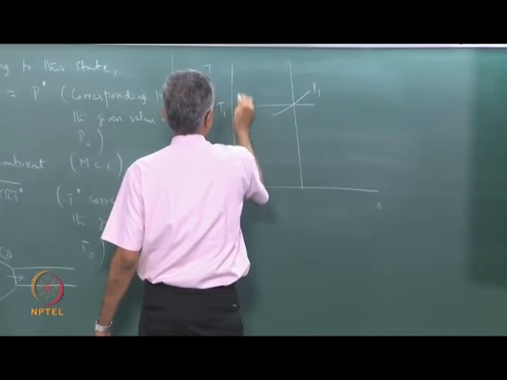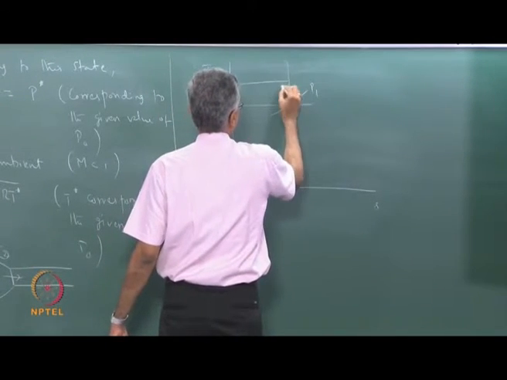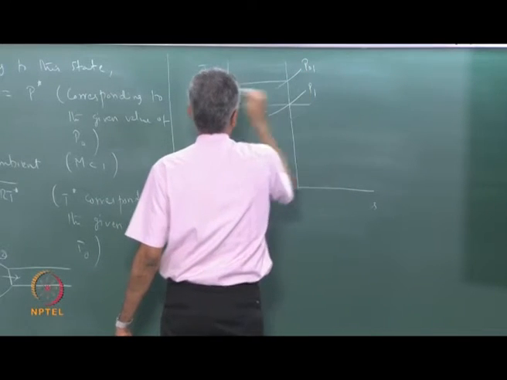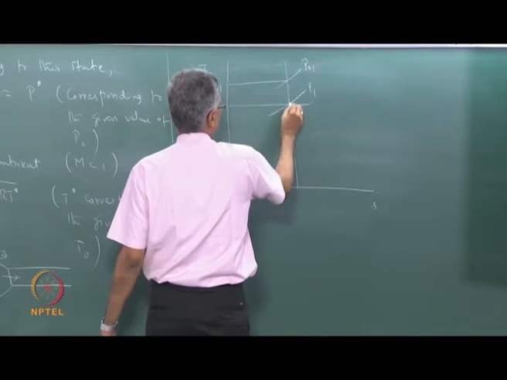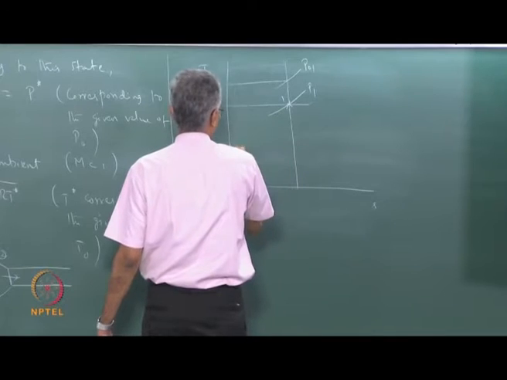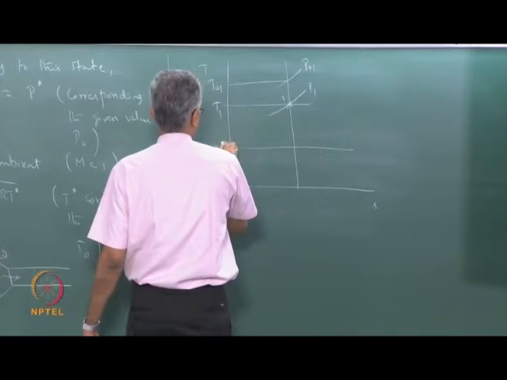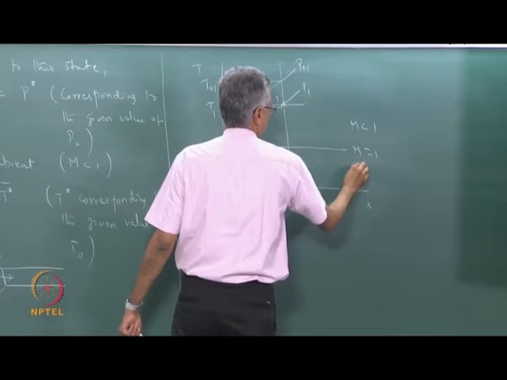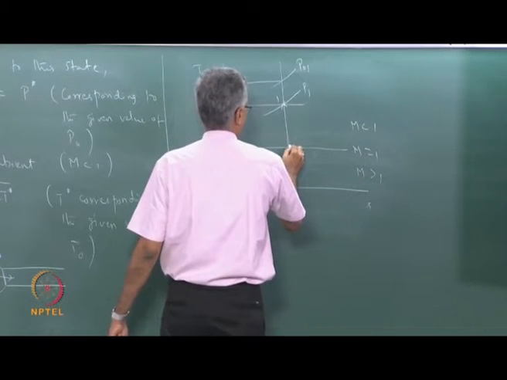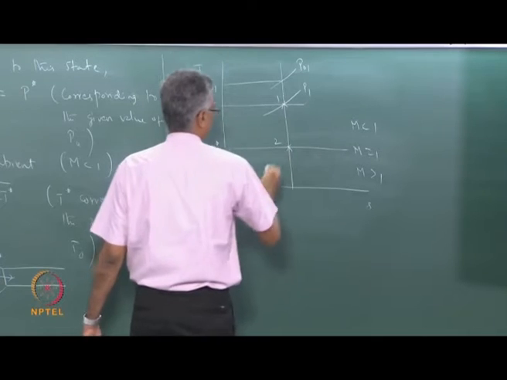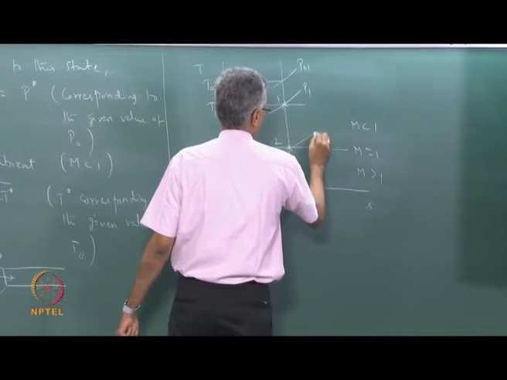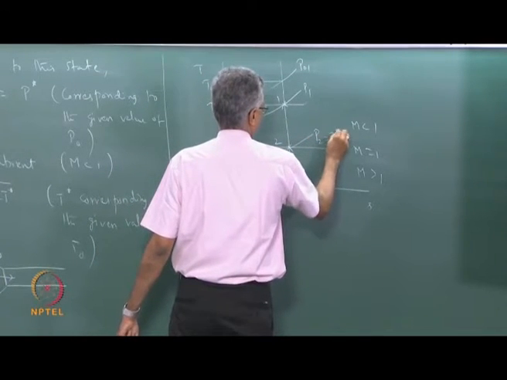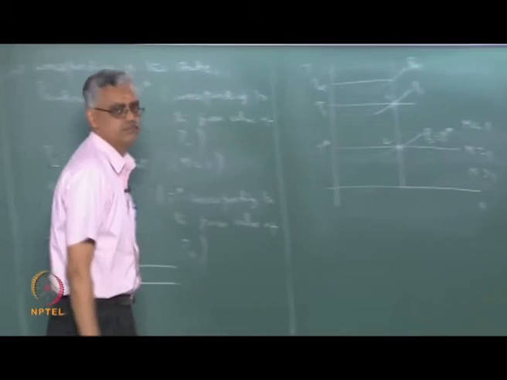P1, T1, P01, T01, this is state 1, this is T star, this is my state 2, P2 equal to P star.